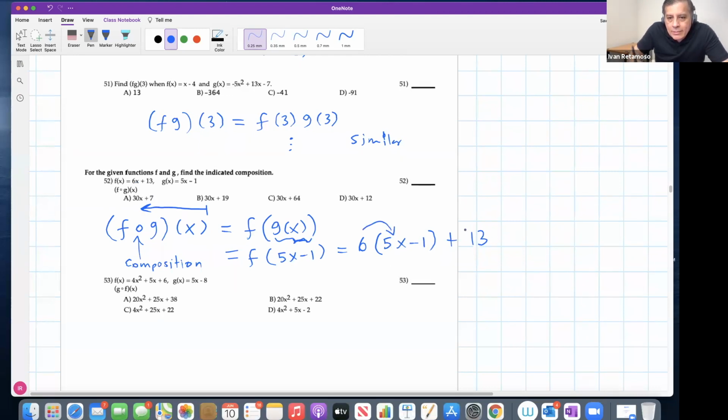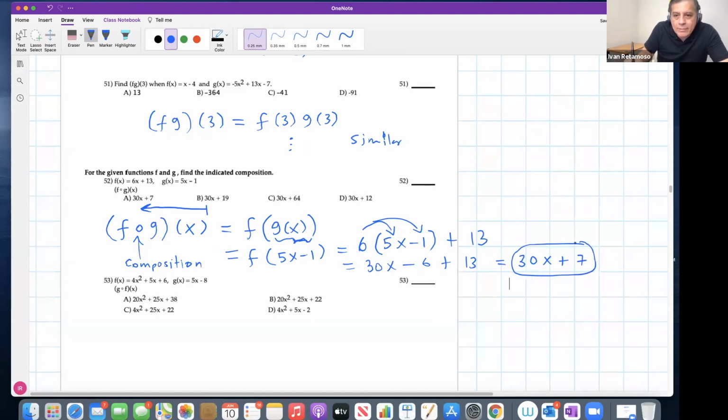Just work this out, simplify, and that should be it. This should be 30x minus 6, plus this 13. Simplify: 30x minus 6 plus 13 is plus 7. So this is the composition of the two functions. 30x plus 7 is here.